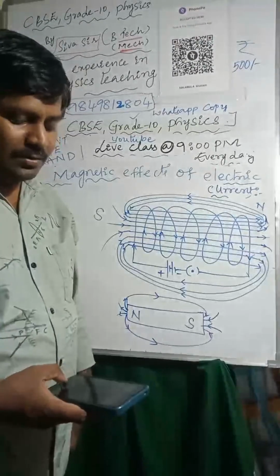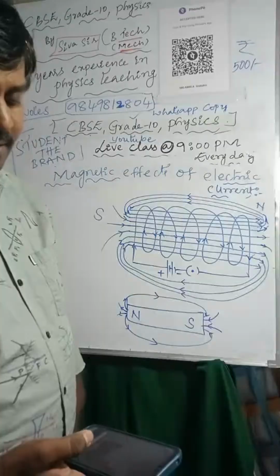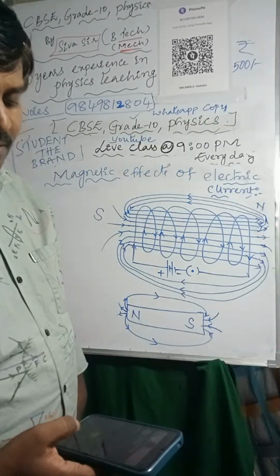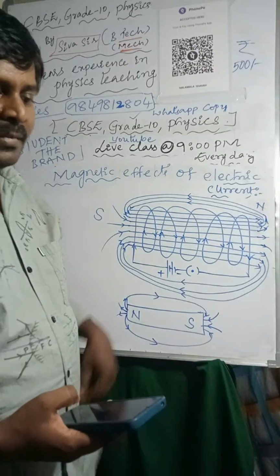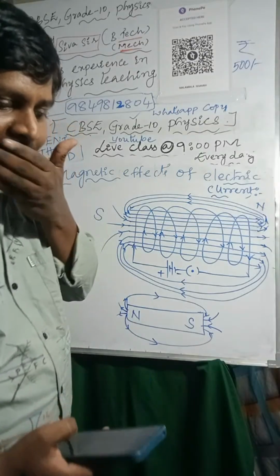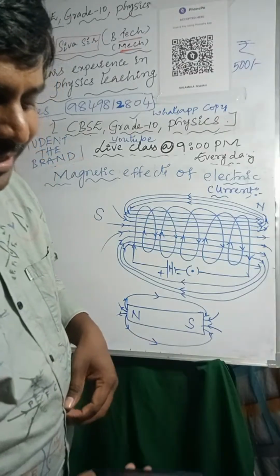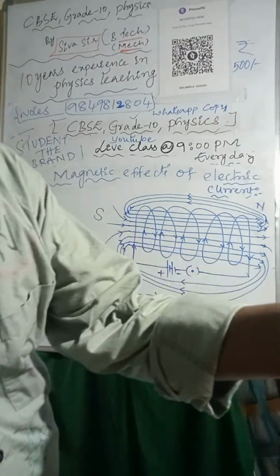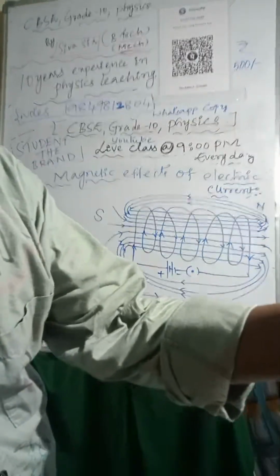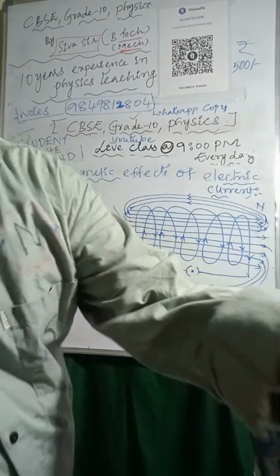Tomorrow, Sunday, is there, right? Tomorrow also I will take the class. Then I will explain. If it is completed today, magnetic effects of electric current is not coming to my exam. Okay, very nice. But still, it is there in the syllabus for the board exam, right? So you can listen. Anyway, I'll explain.